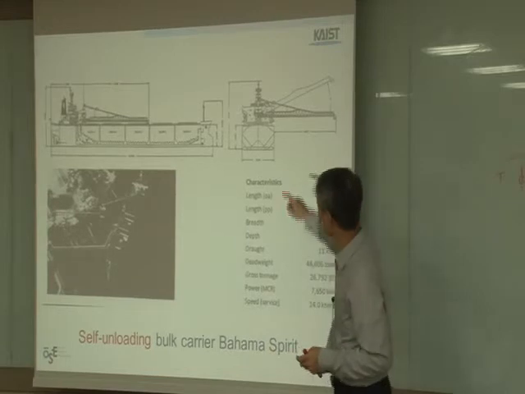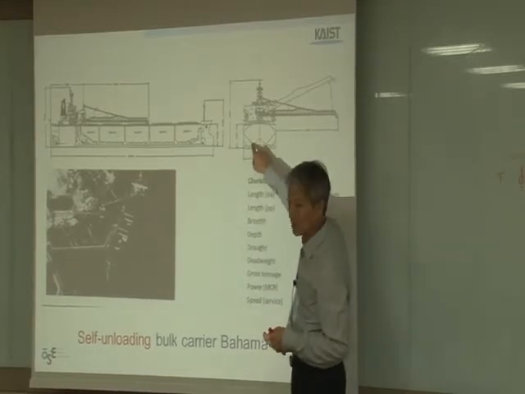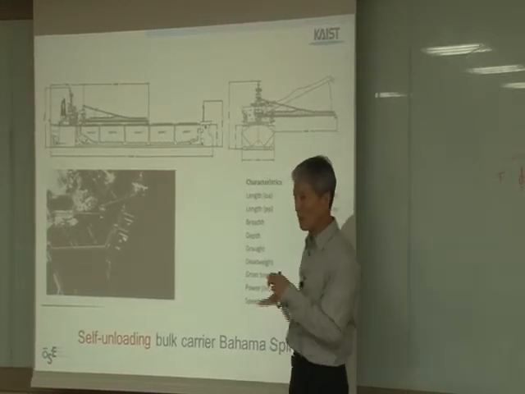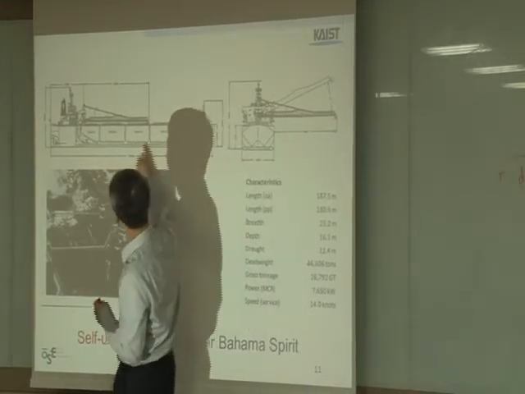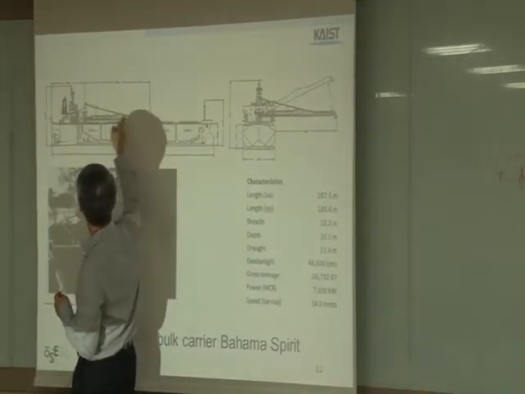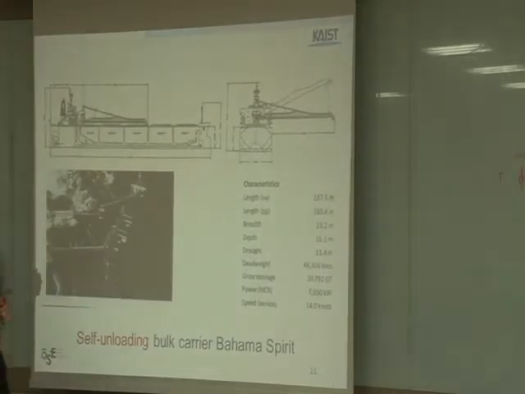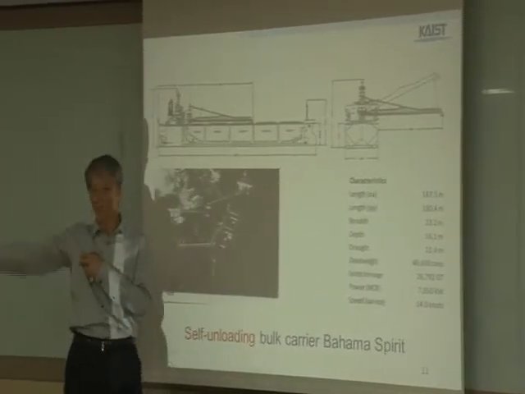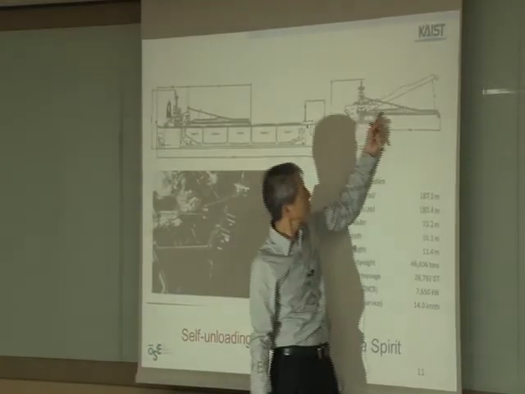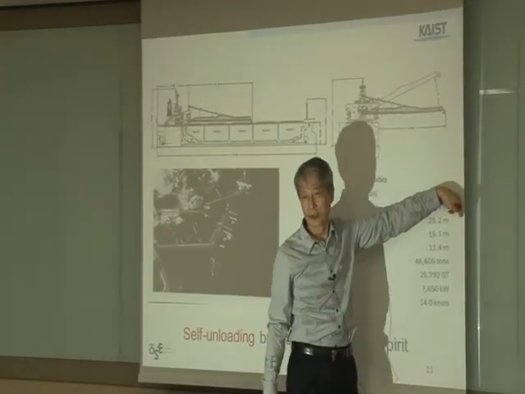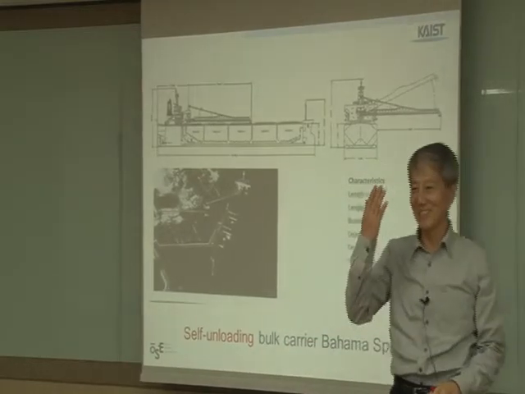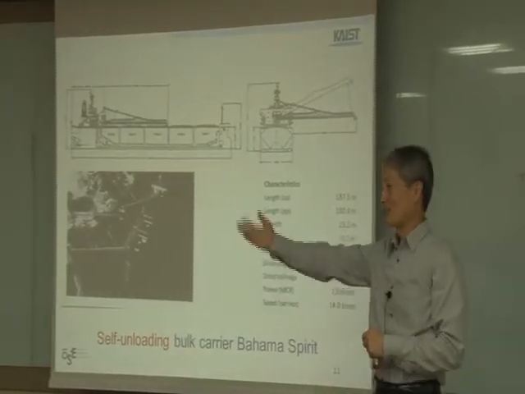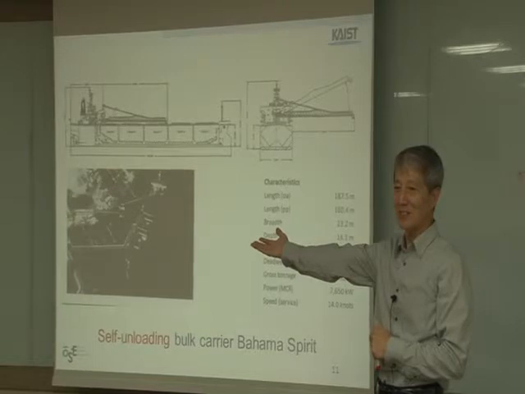There is an opening here, and under that there is a conveyor belt, and the conveyor belt is coming from here to here, and then up into the boom. So the boom can rotate and deliver the grain down to the port. So self-unloading bulk carrier. Good idea, right? Automation of cargo unloading.